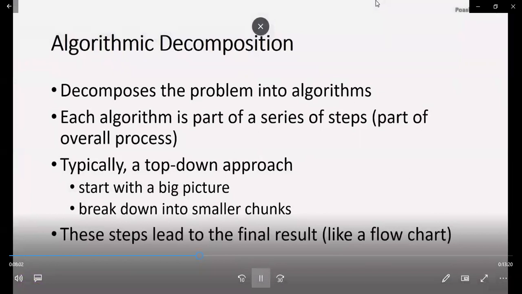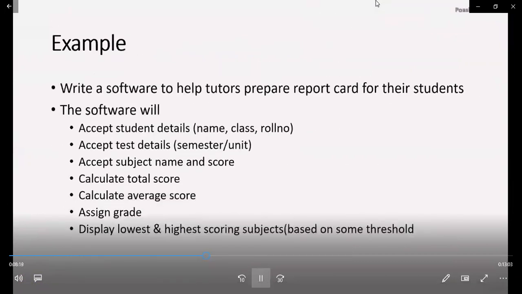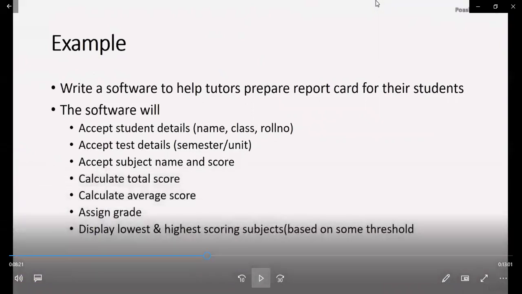Typically it starts with the top-down approach, where we start with a big picture, which is broken down into smaller chunks, and these steps lead to the final result, like a flowchart. So what exactly does divide et impera mean?